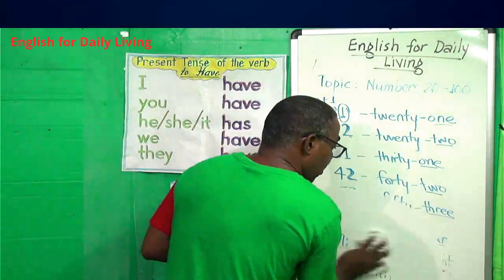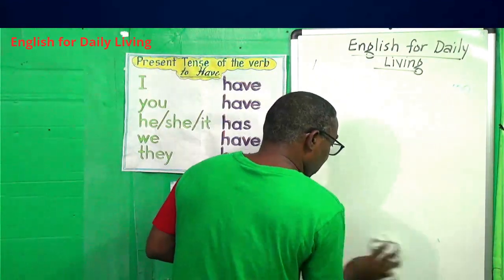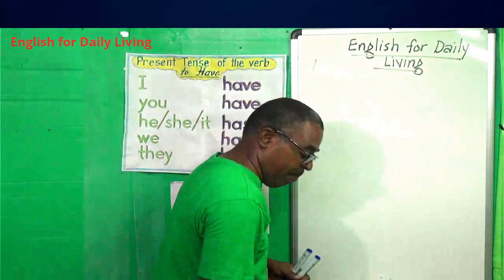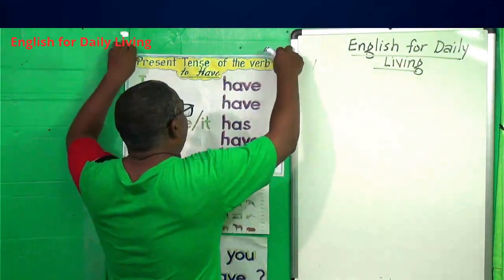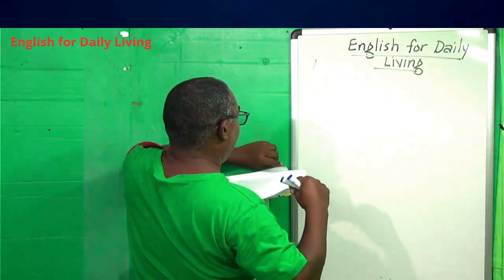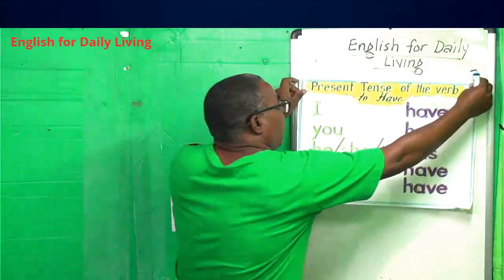Alright. Now the next thing I want to do tonight is to integrate with the numbers this verb. I want to look at the present tense of the verb to have.